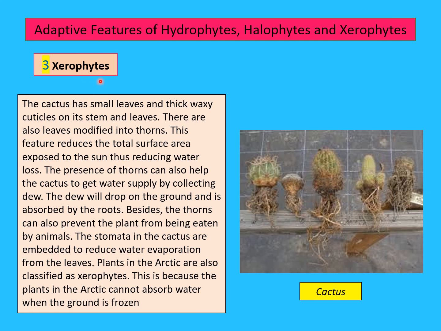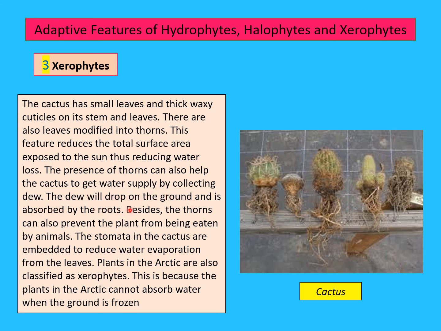Okay, still in xerophytes. The cactus has small leaves and a thick waxy cuticle on its stem and leaf. There are also leaves modified into thorns. This feature reduces the total surface area exposed to the sun, thus reducing water loss. The presence of thorns can also help the cactus to get water supply by collecting dew.